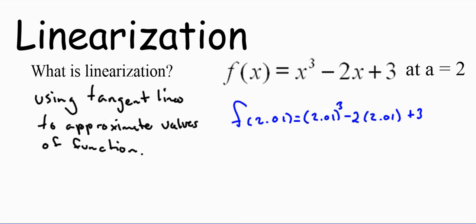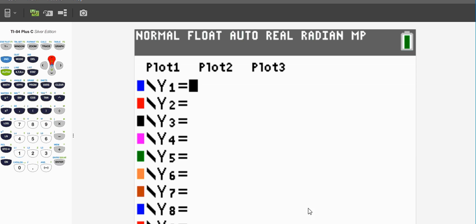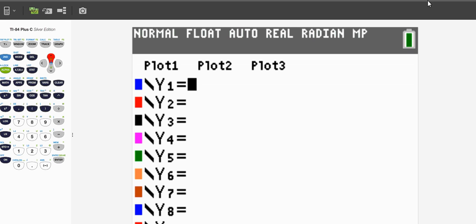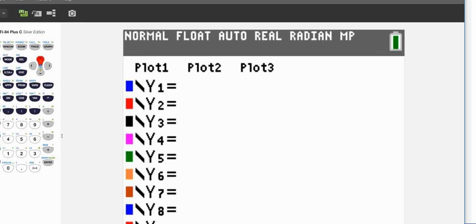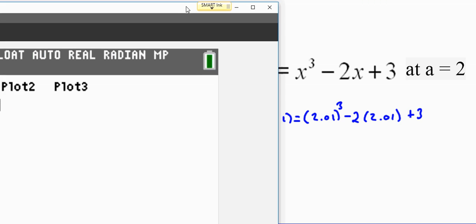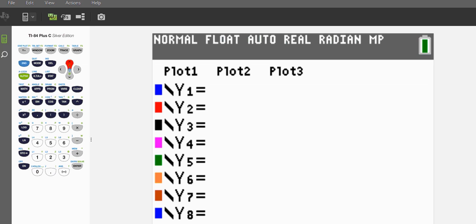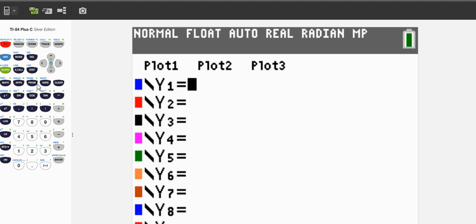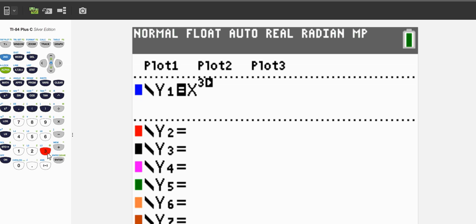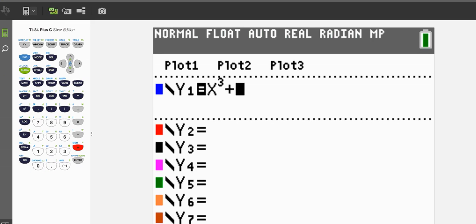Well, when you do that, we'll take out our calculator and find out what that value is. The function is x cubed minus 2x plus 3.